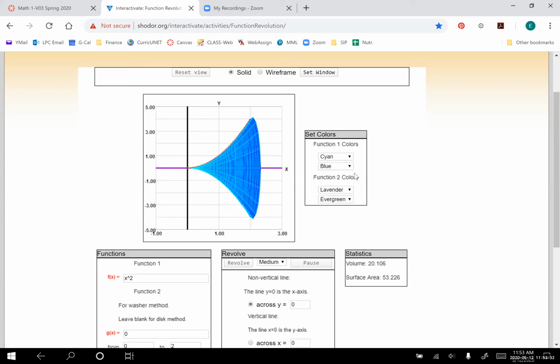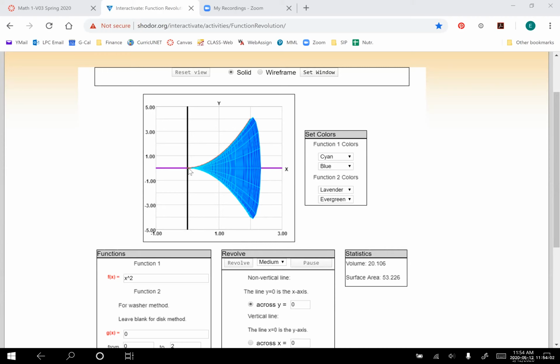Okay. And Felipe, what you're talking about in the chat there, that's accurate. The largest radius that we have on this is a radius of 4 along the huge circular bottom there, or I don't know if I would say it's huge, but it is a radius of 4. That is the largest radius we have, and you're right, it is shrinking to make that horn shape. Perfect. So our biggest radius is 4, and then it shrinks down to a radius of 0 at the point of the horn.